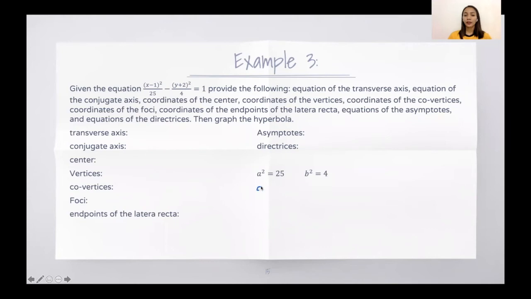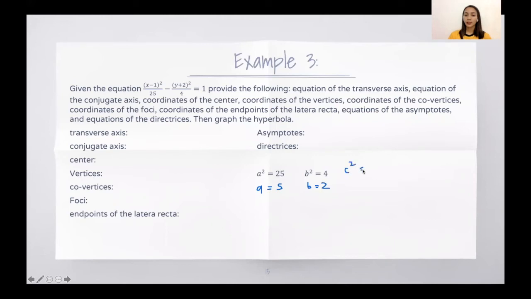So a, for the value of a, same procedure, get the square root. Square root of 25 is 5. And square root of 4 is 2. Okay, for the c squared, i-add lang natin yung dalawa.